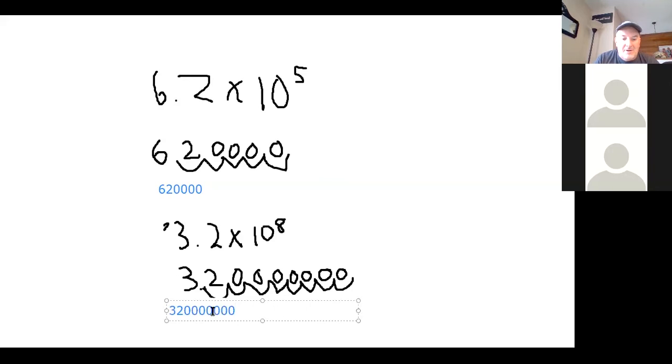1, 2, 3. Okay, so that number is 320 million. So remember, if you don't know how to say that number, in order to become a millionaire, you need to be able to count to 1 million. In order to become a $320 million millionaire, you need to be able to count that high.